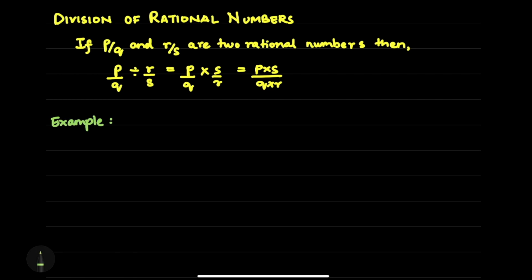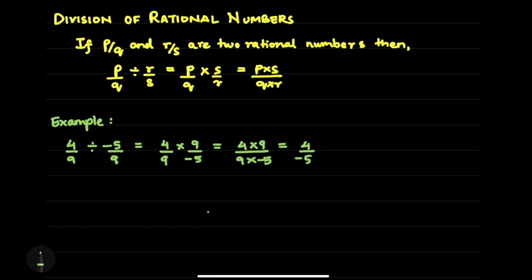Let's understand this through the example of 4 by 9 and minus 5 by 9. So we get 4 by 9 into 9 by minus 5, which can be simplified as 4 into 9 divided by 9 into minus 5, which gives us the final value of minus 4 by 5.